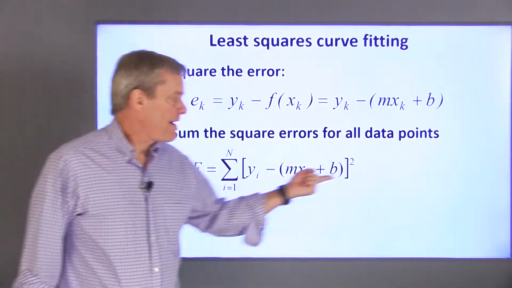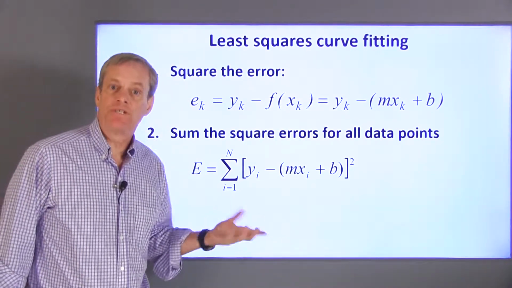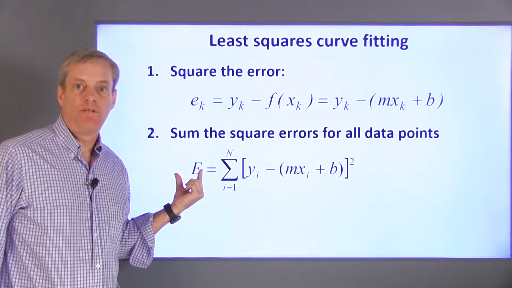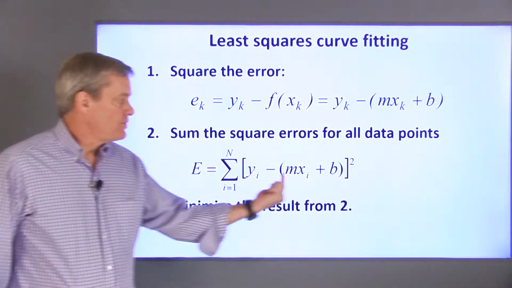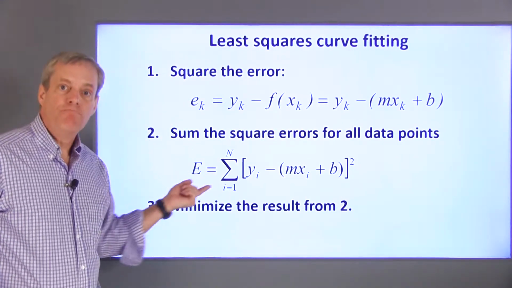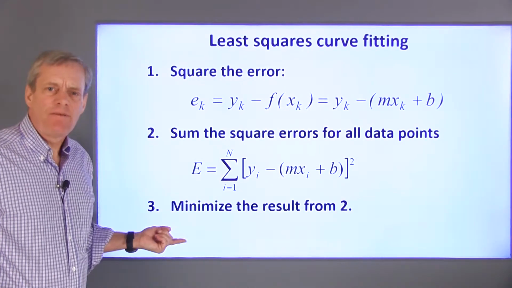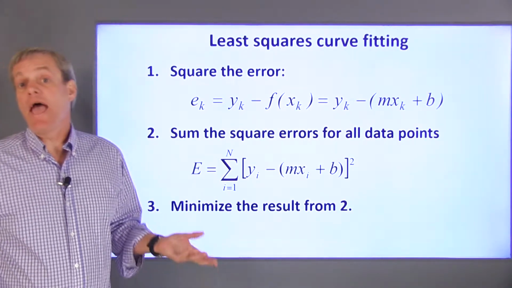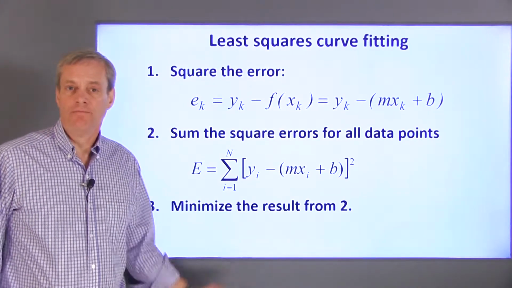Then square this error at each data point and add up all of these contributions to get an overall error between all the data points and the curve fit. Finally, choose values of m and b for this straight line, which minimizes this overall error, capital E. This step is mathematically kind of tedious, and MATLAB will do the work for us, so I'll gloss over the details here.